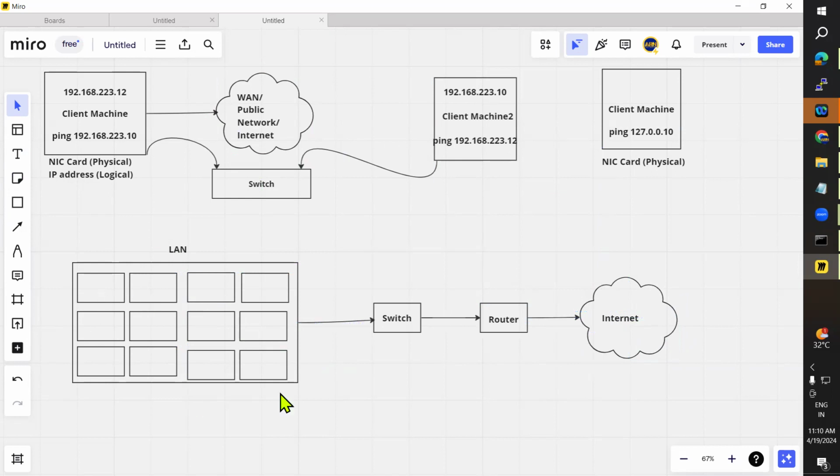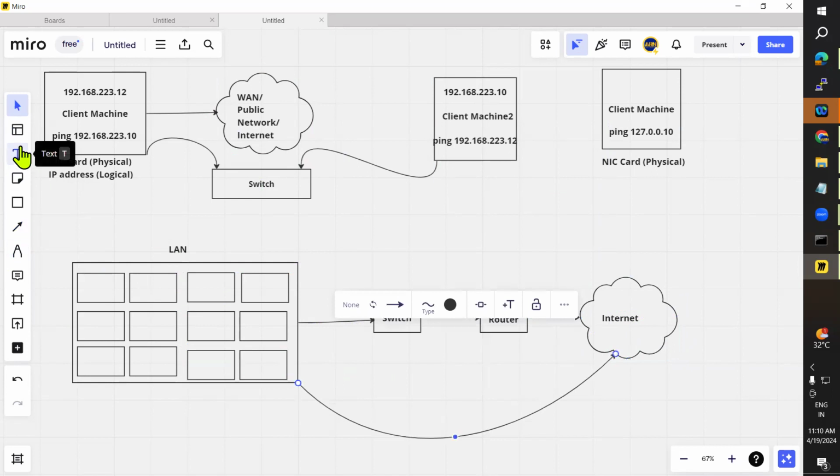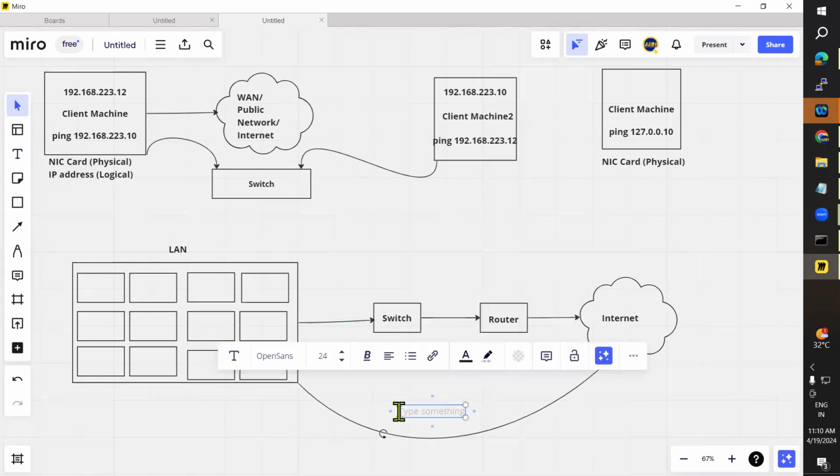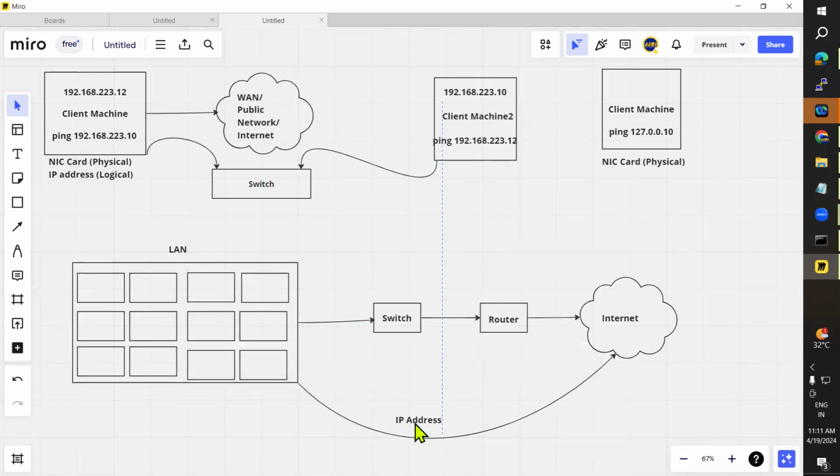So all the computers should have an IP address to communicate with the internet. Each computer should have an IP address. Then only they can communicate with the internet.